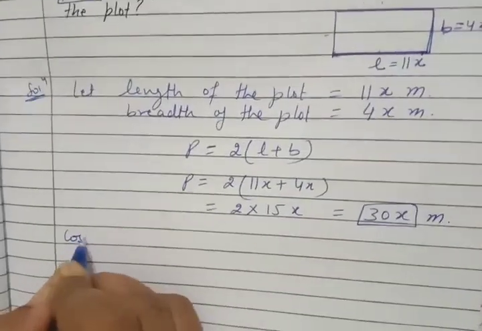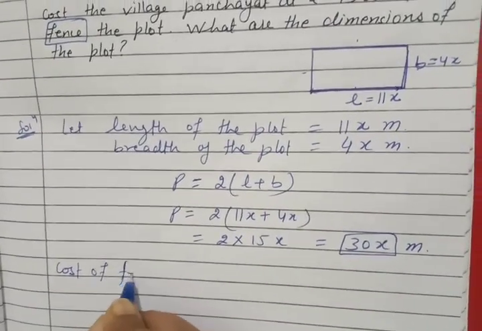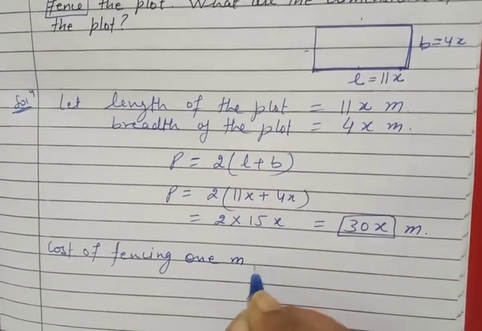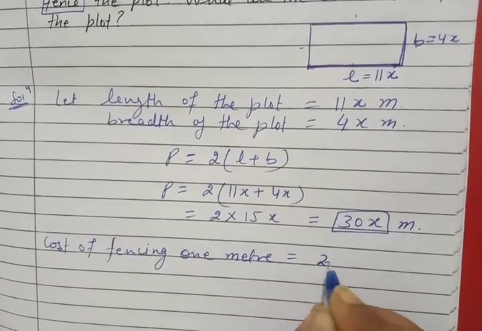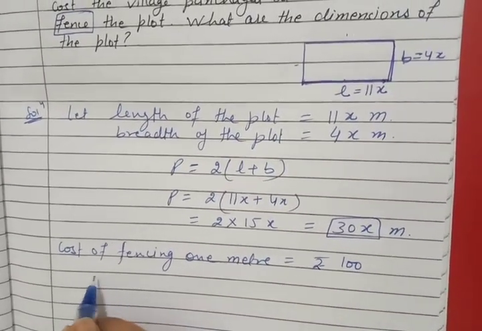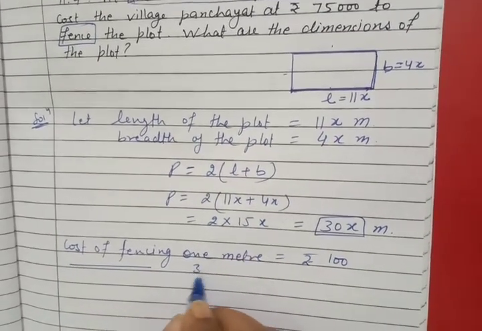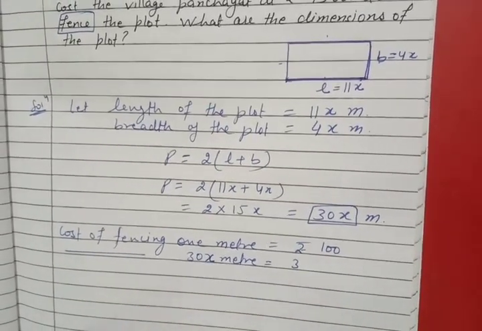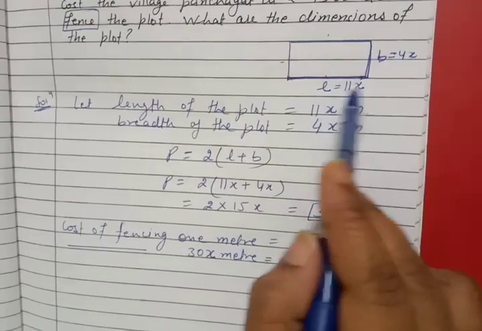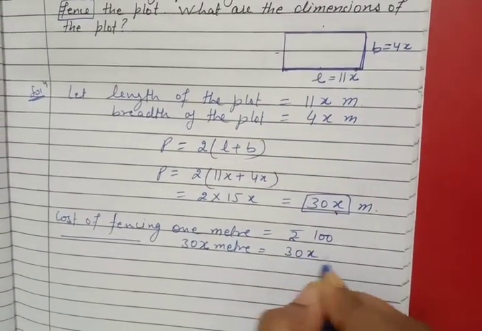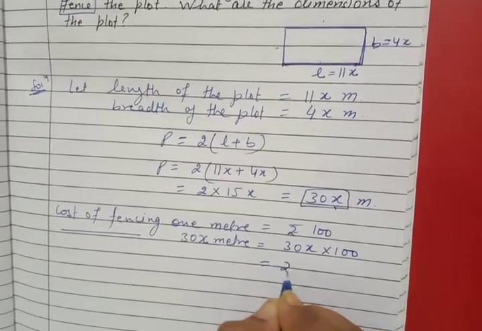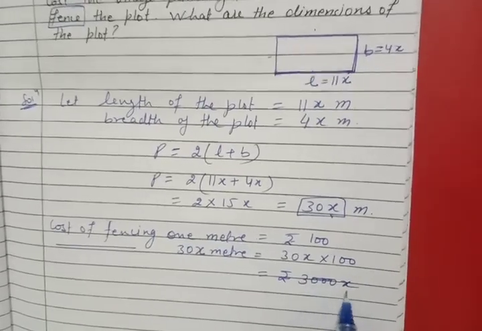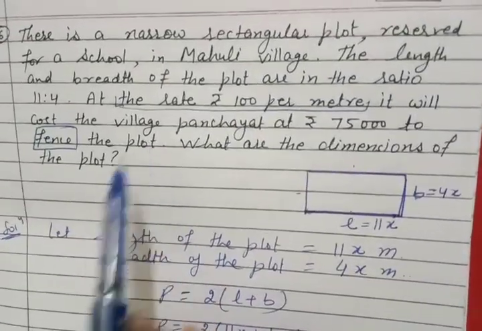We will write cost of fencing 1 meter is equal to rupees 100, and cost of fencing 30x meters, the whole plot, is equal to 30x into 100, which is equal to rupees 3000x, because 30 into 100 is 3000 and x, and total cost is already given.